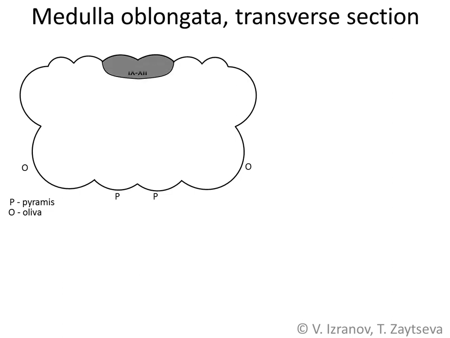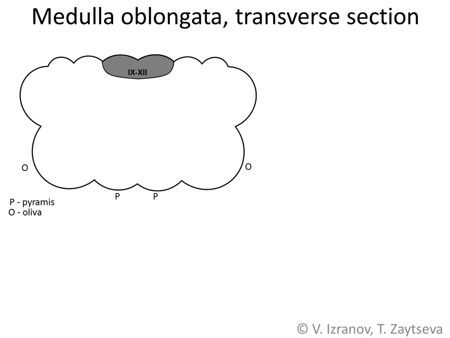And what is this? In the dorsal part of the medulla oblongata is a special place which is designated with gray color because it is gray matter. Gray matter always contains the perikaryones.